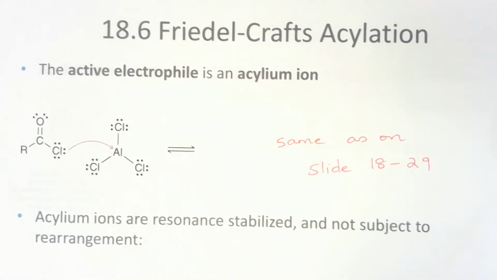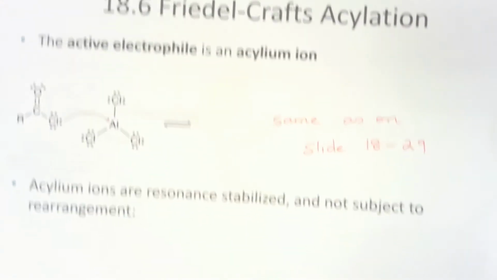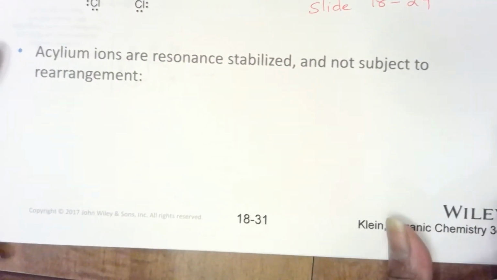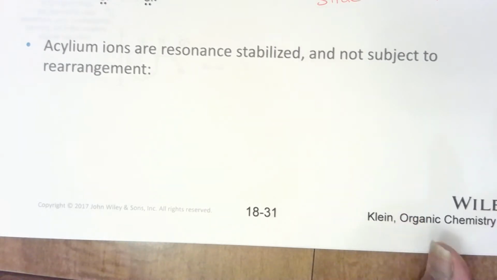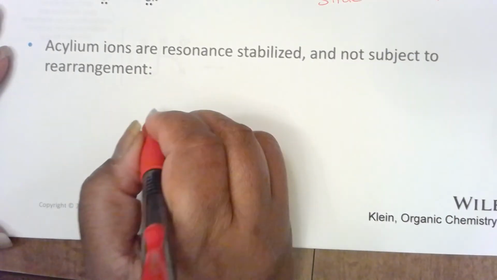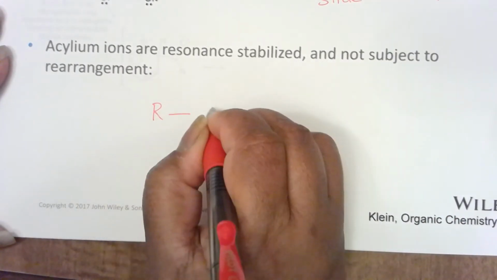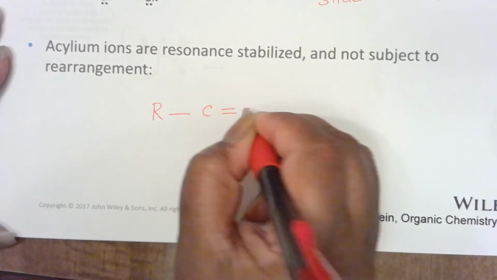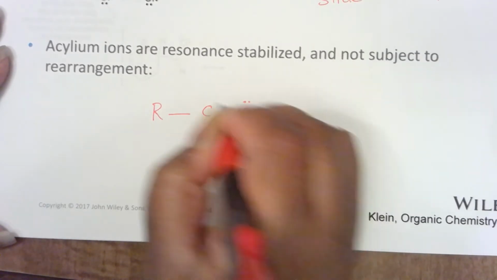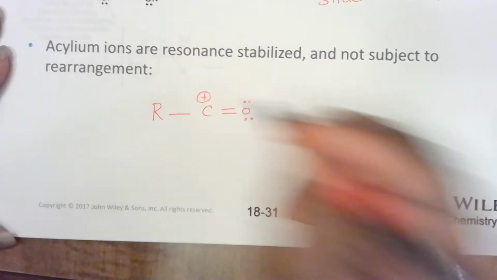And I'm on slide 1831. If you look on the bottom, that's where the information will be different. The acylium ion is further stabilized. So you had this positive.